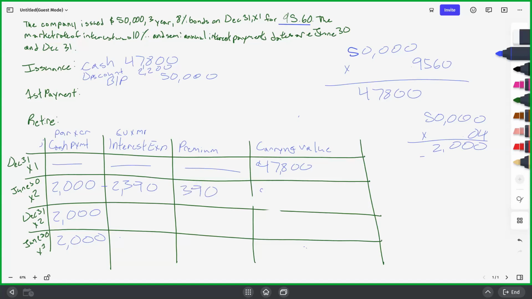Except our interest expense is larger than our cash payment, which is noticeable for a discount. We then, instead of subtracting, we're adding on to our carrying value. So before we would continuously just bring down the number, in this case, we're going to be adding 390 on top of 47,800. So we're going to get 48,190.